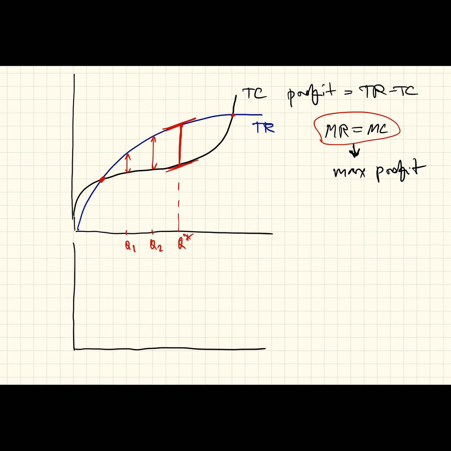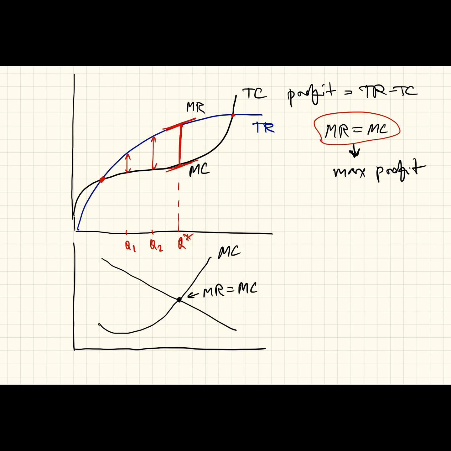Which can be shown on the lower diagram by pretty much drawing marginal revenue curve and then marginal cost curve, and getting the point where they intersect, because this is where MR meets MC, or in other words, this is where the slope of total revenue curve, which is marginal revenue, meets the slope of marginal cost curve.